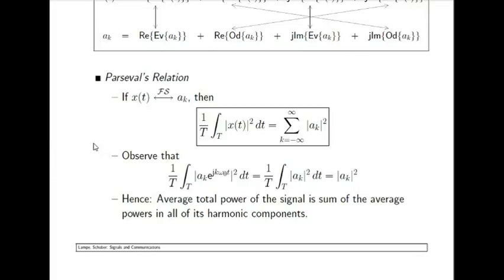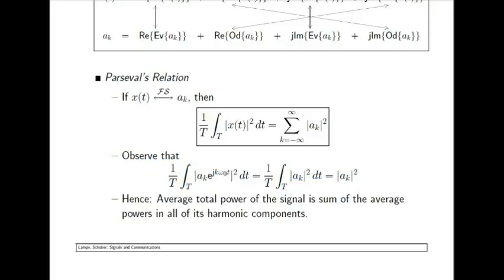So the next property is Parseval's relation. This is the most important property in this course, because with the help of this property you can solve questions directly. For the Fourier series, it is defined as: x(t) has Fourier series representation a_k, then 1 upon T integration over one time period of |x(t)| square dt, which is the energy of the signal in one time period, is equal to the summation of the modulus of the Fourier coefficients squared, over minus infinity to infinity.